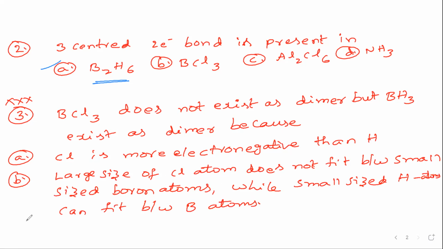Option C: there is p-pi back bonding in BCl3. Back bonding in BCl3 is present, that's why it is not forming a dimer.